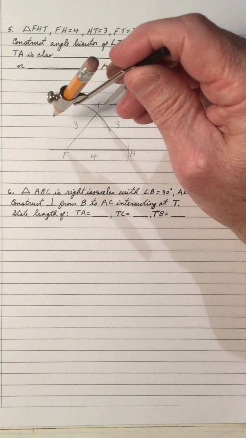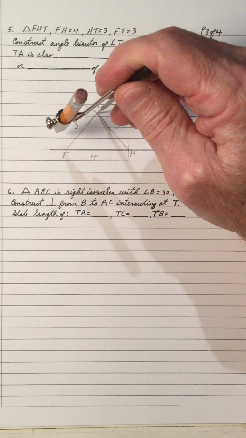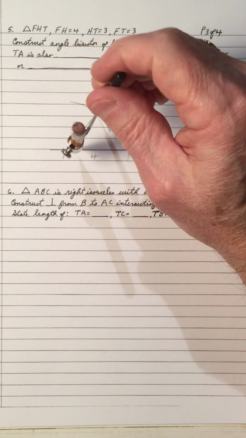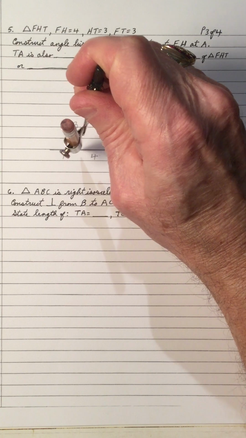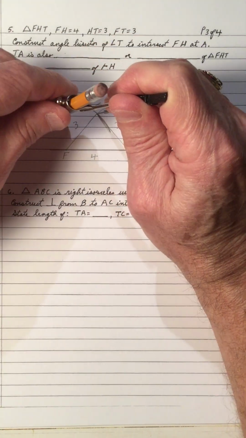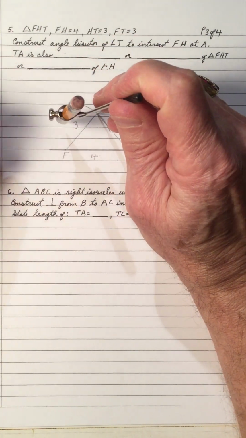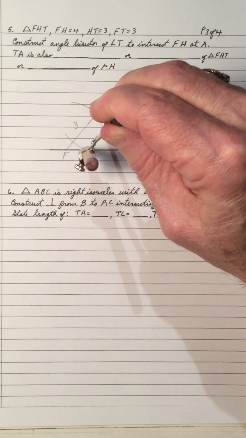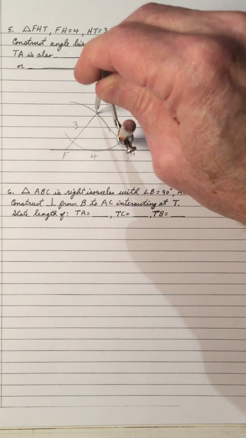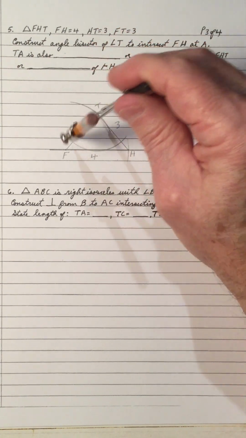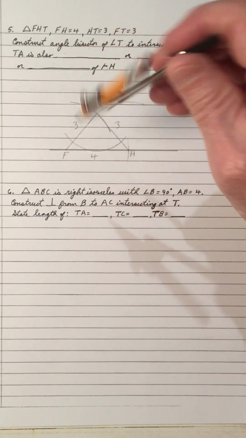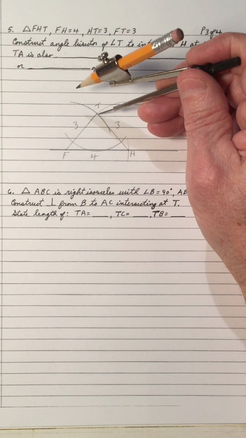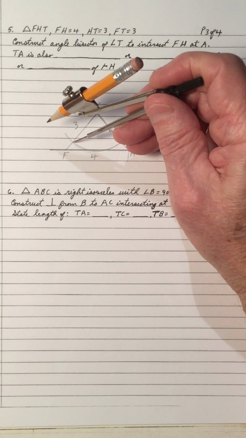We place our compass at T and we draw an arc to cut TF and TH. I'm going to bring the compass in, make it smaller so we don't have big arcs all over the place. So I'm going to draw an arc to cut FT and HT. So this is the arc that we cut off. That means this distance from here to here is the same as this distance from T to here.